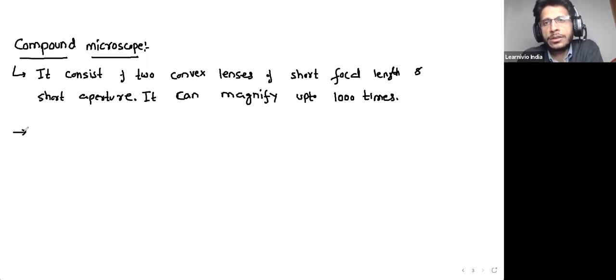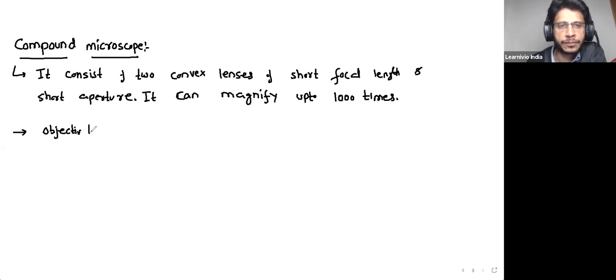So the two lenses that we use in a compound microscope are the objective lens and the eye lens. Now, the objective lens is placed close to the object to be magnified.